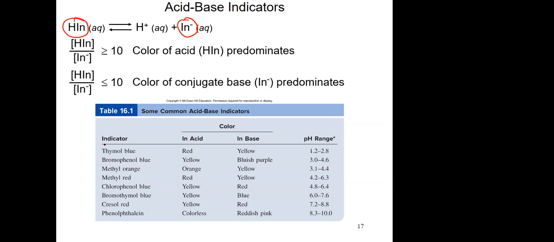So you have thymol blue in the acidic range, 1.2 or less, it's red. In the basic range, 2.8 or over, that's going to be basic. What do you think is the color between these two? What did you learn when you add red with yellow, what color will it give you?